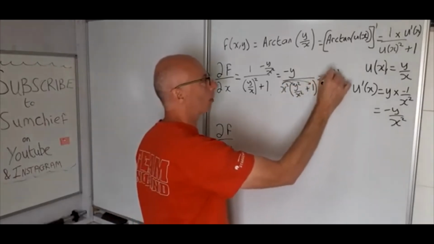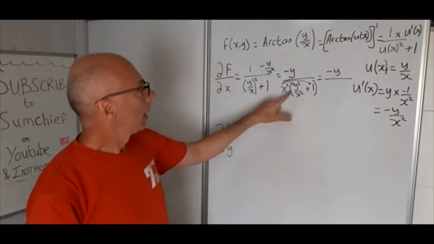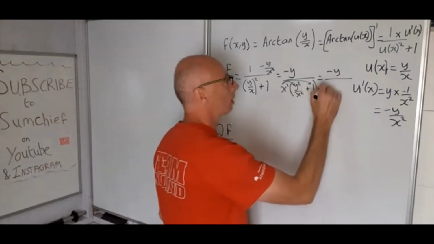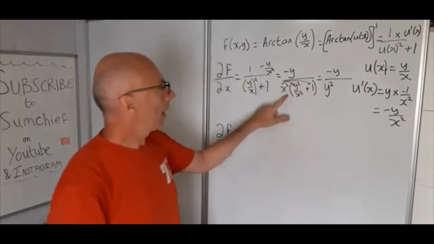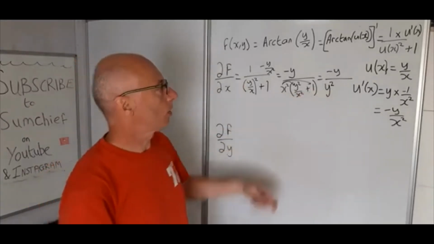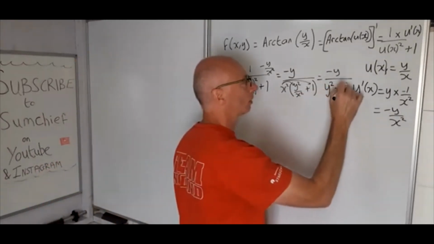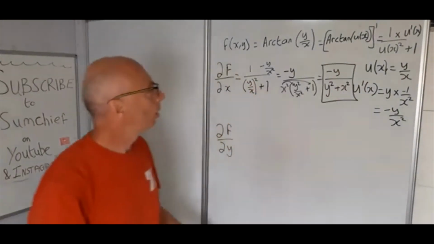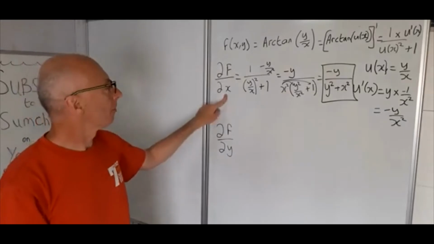Then that equals minus y over y squared, since y squared times x squared over x squared just leaves y squared, and x squared times plus 1 is just plus x squared. And then that is our partial with respect to x.